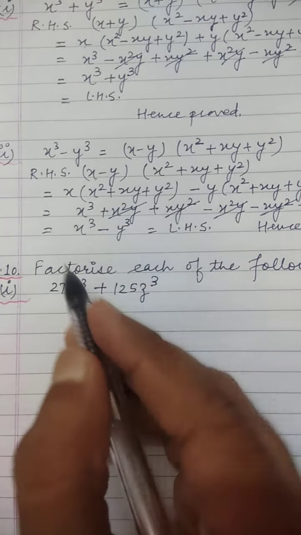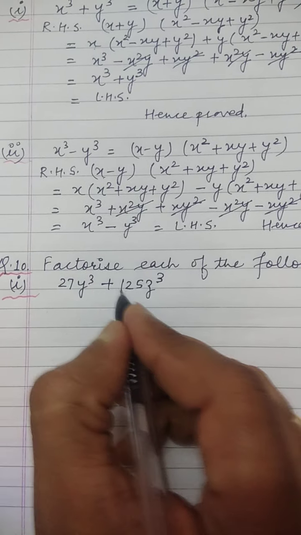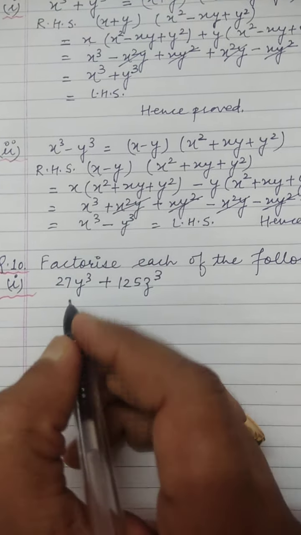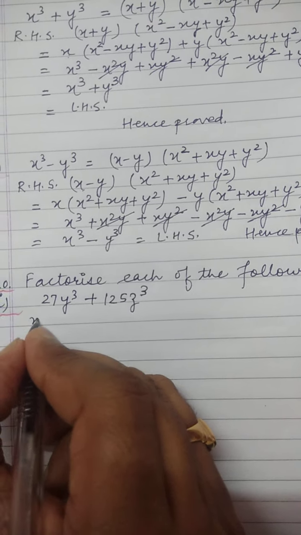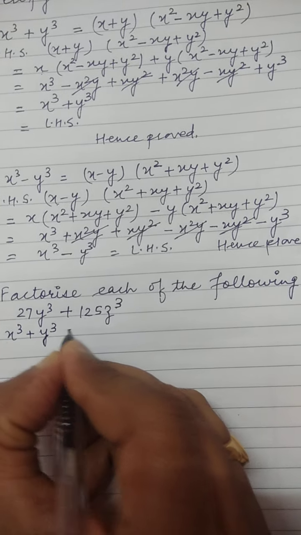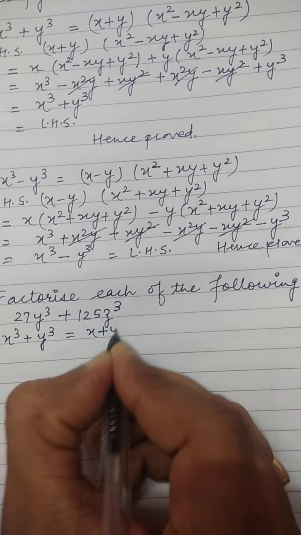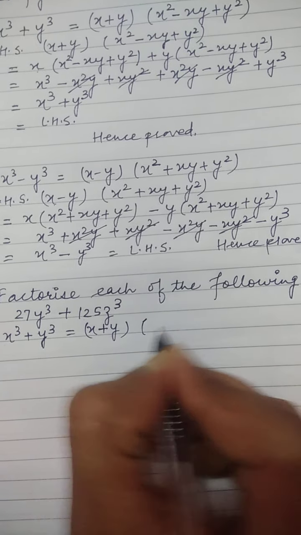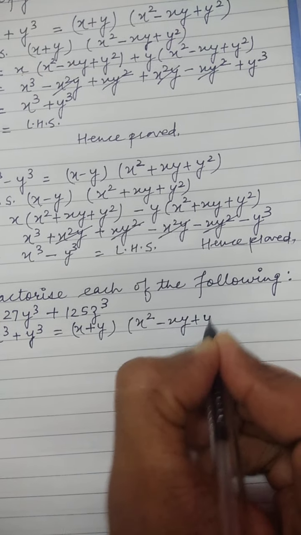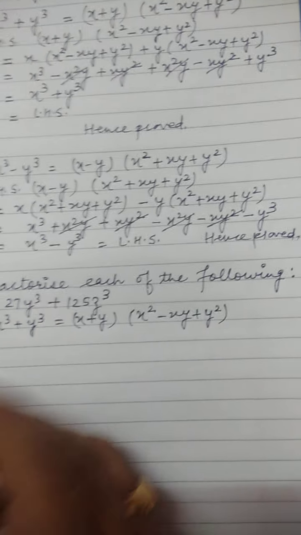So we have to factorize. In the first part we have been given 27y cube plus 125z cube. So here we use the identity x cube plus y cube is equal to x plus y x square minus xy plus y square.